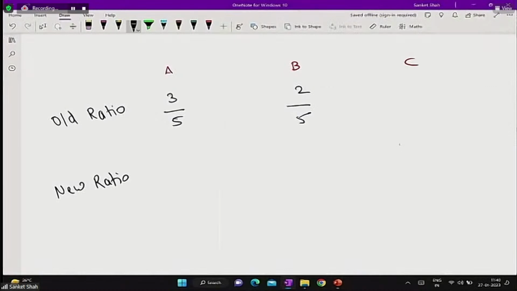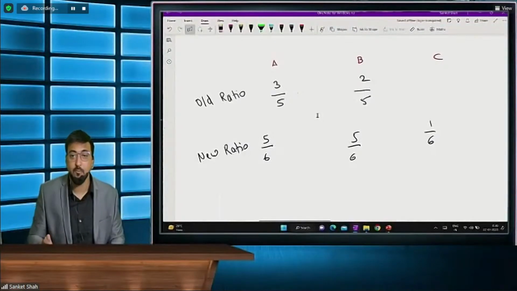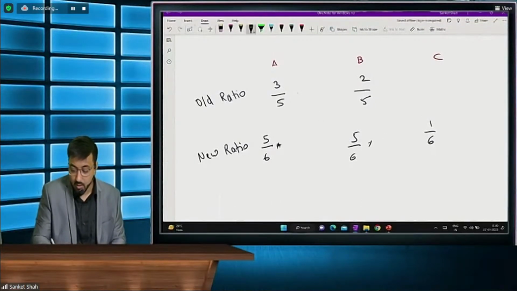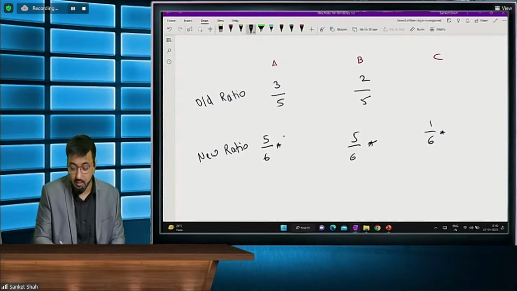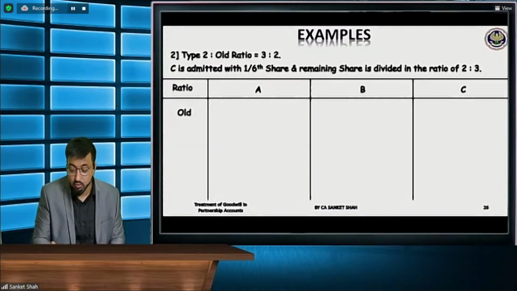So C gets 1/6, and we are left with 5 chocolates, 5/6. Now the remaining is divided in which ratio? 2:3.